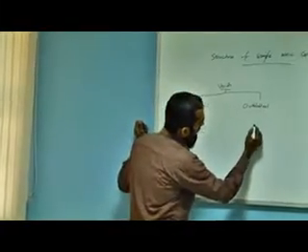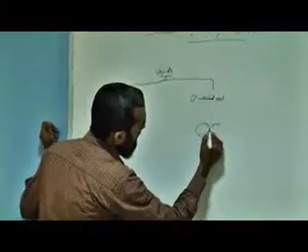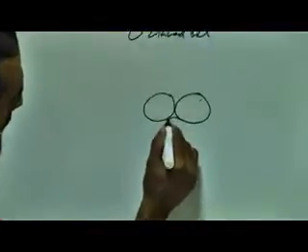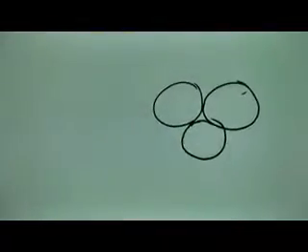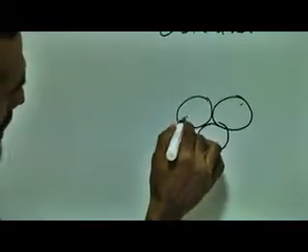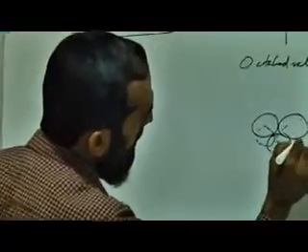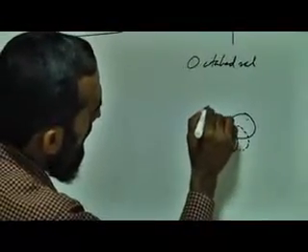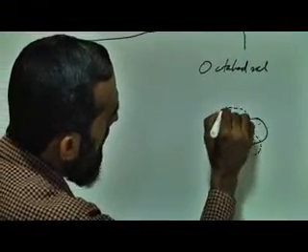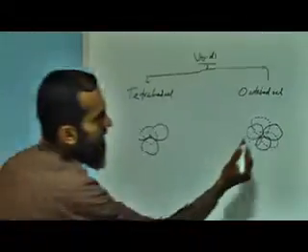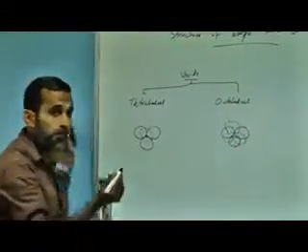Now, an octahedral void is formed by six spheres touching each other, three in one layer, and the next three in the second layer, which will be coming in inverted fashion.